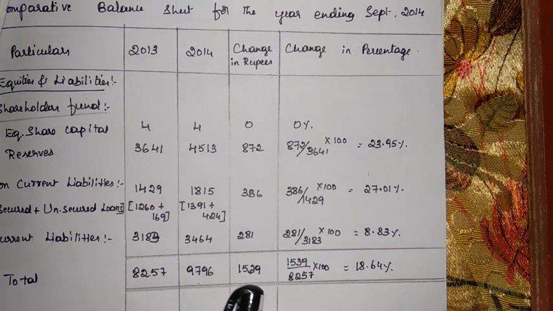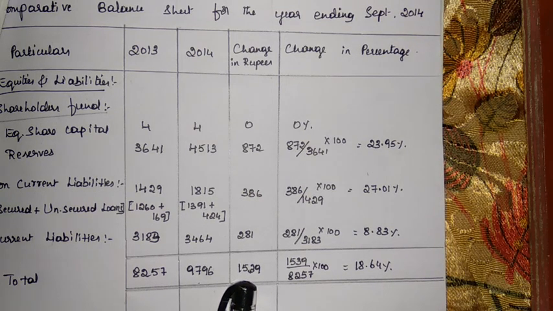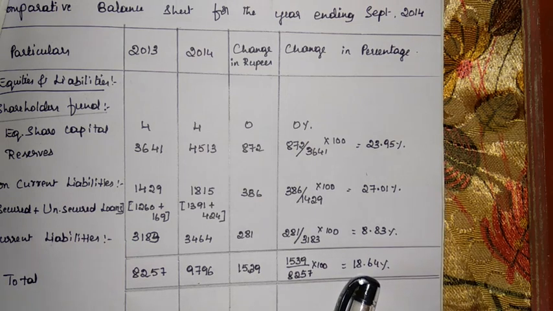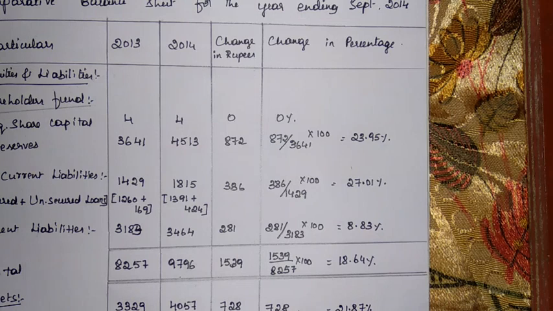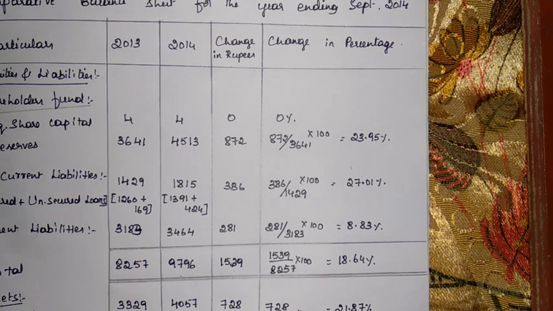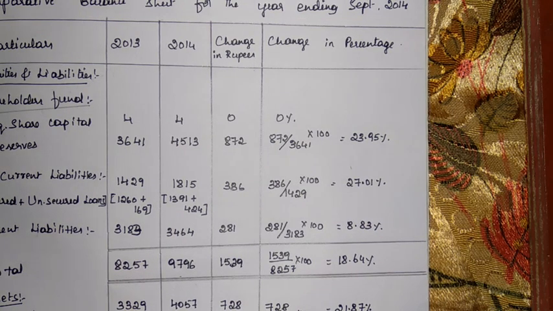So there is a positive change in liability. Liability increases by 1,539 crores and in percentage by 18.64%.